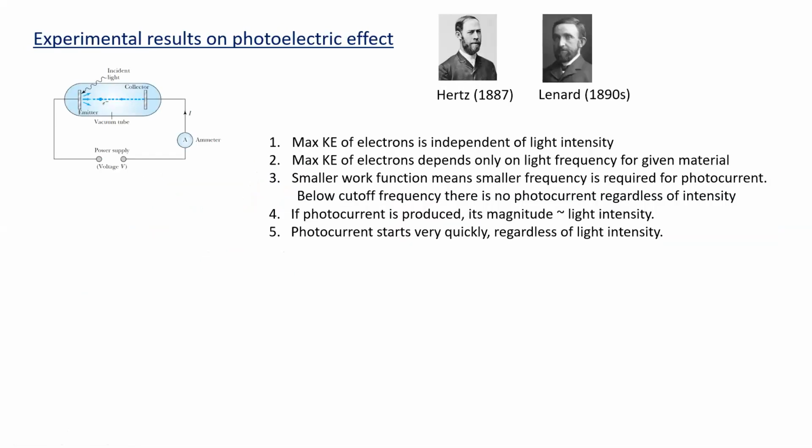Okay, so experimental results on the photoelectric effect. It was first noticed by Hertz. You may know Hertz as the unit of frequency, and he did experiments on Maxwell's electromagnetic waves, but at the same time he noticed, as he was producing those waves, this photoelectric effect.